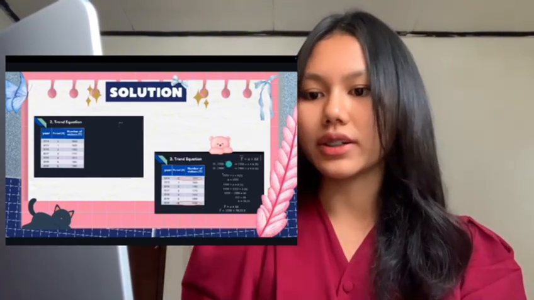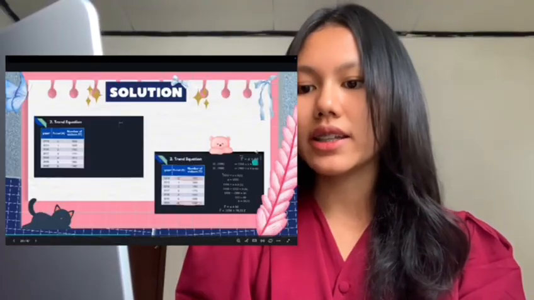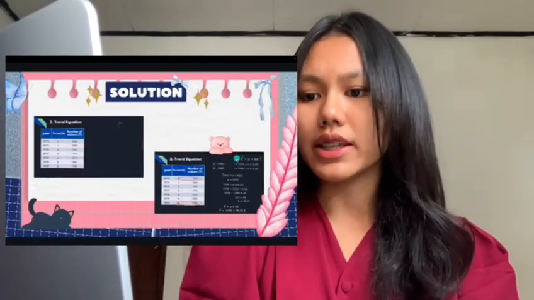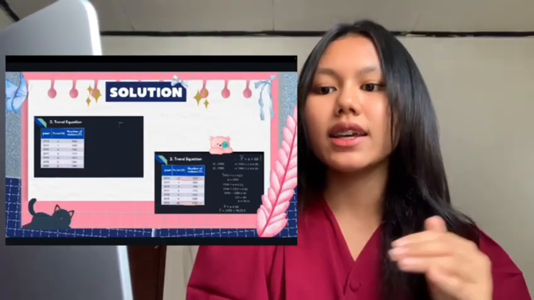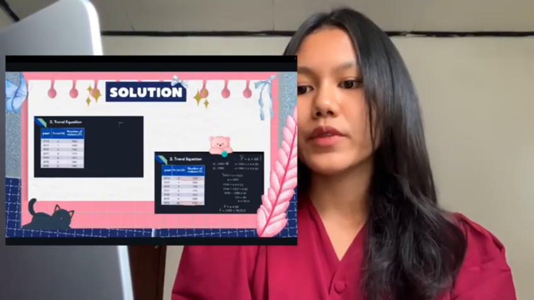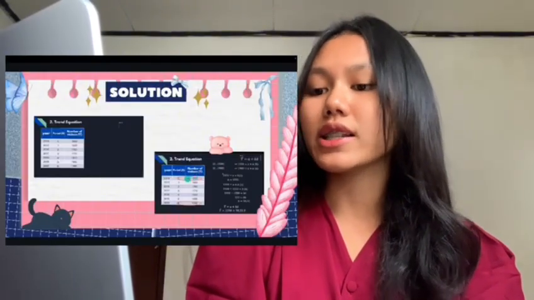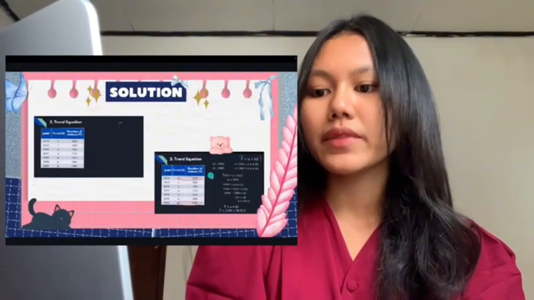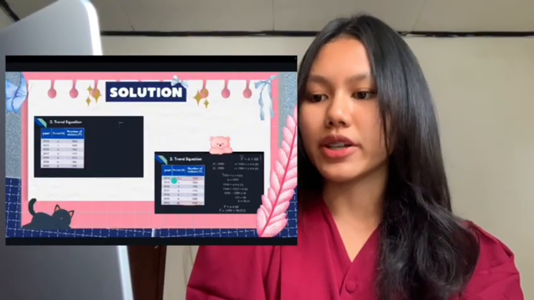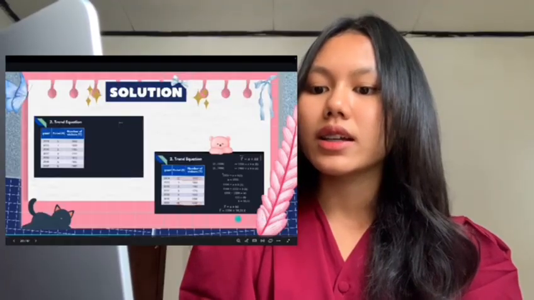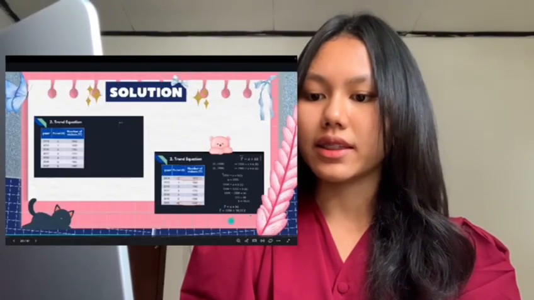And this is for the solution. We add this into the formula, where the number of visitors is y and x is the period. So we have this result.